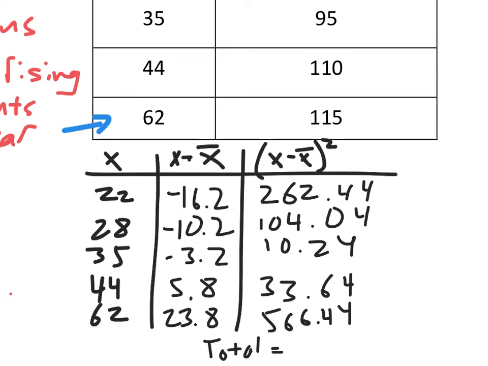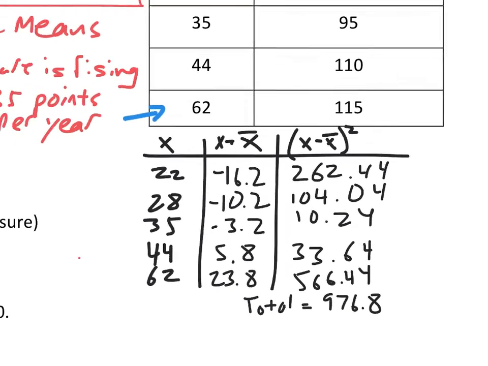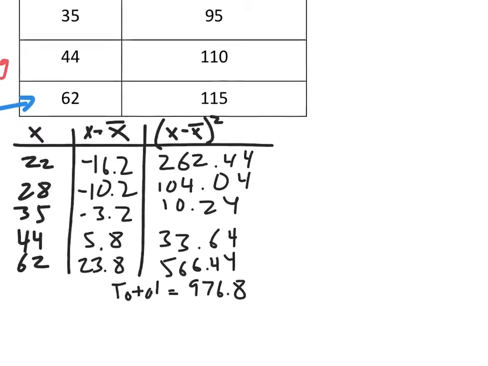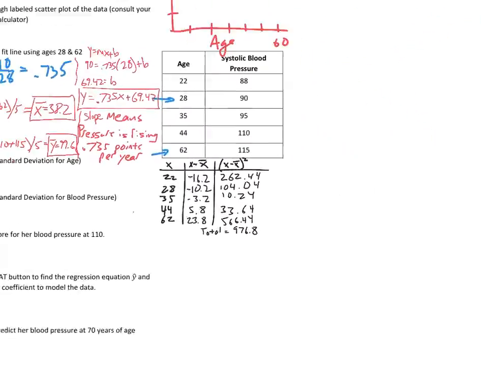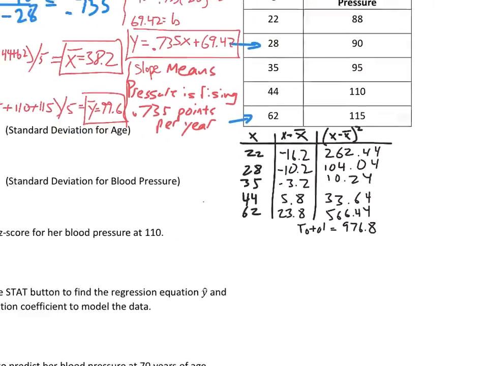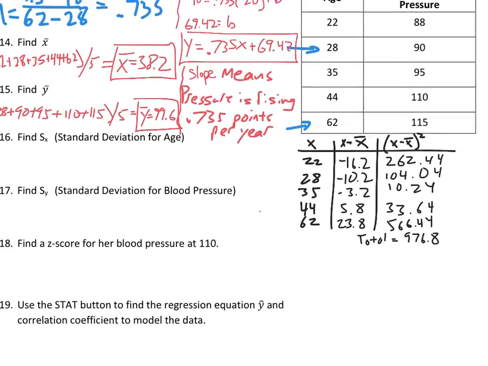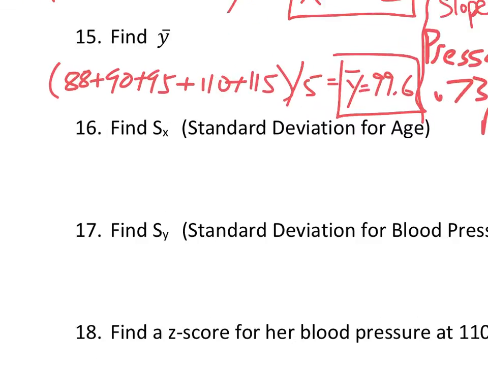So total gives us 976.8. And now looking at our definition, we need to take that and divide it. Now we're finding the Sx, which is the sample standard deviation. So we need to take that number there.